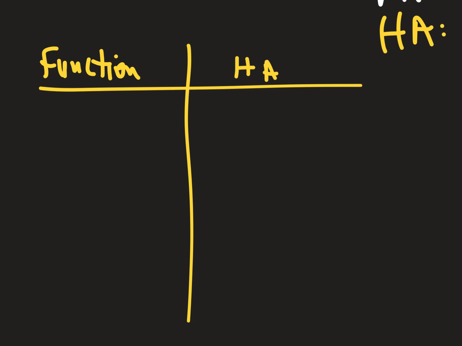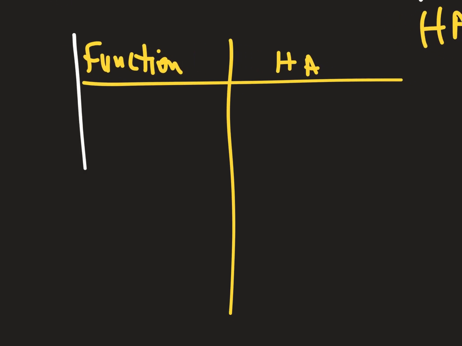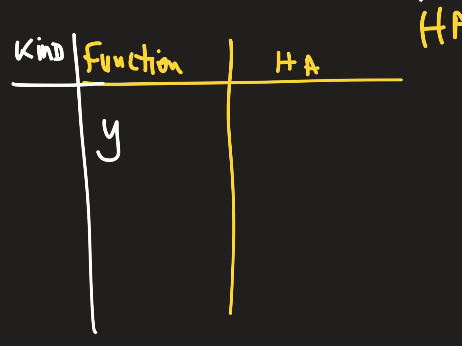The function can have, we're going to make a third column here, for kind. Kind of function that it is. Here's an example of a kind of function. That's one kind of function.